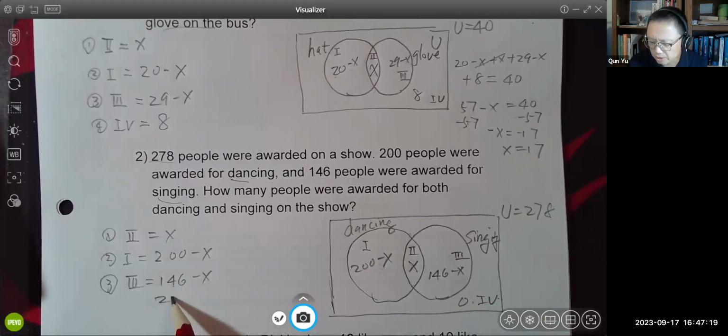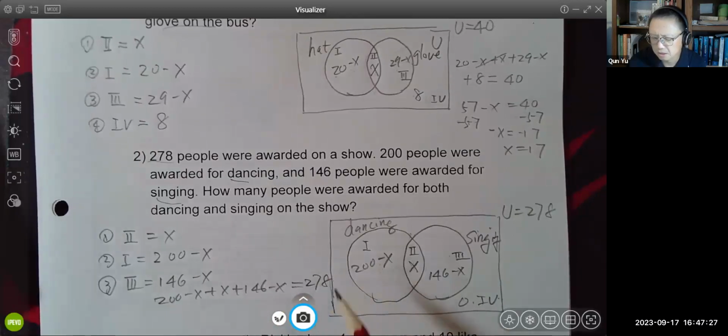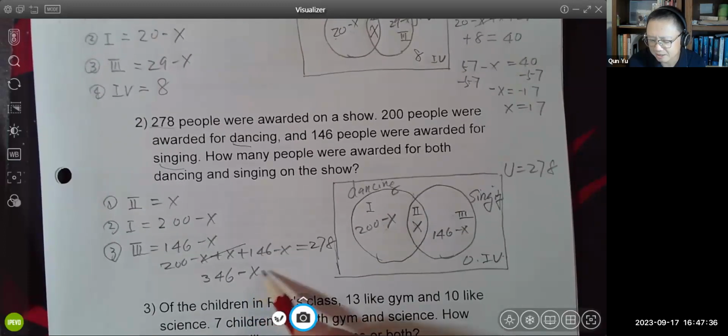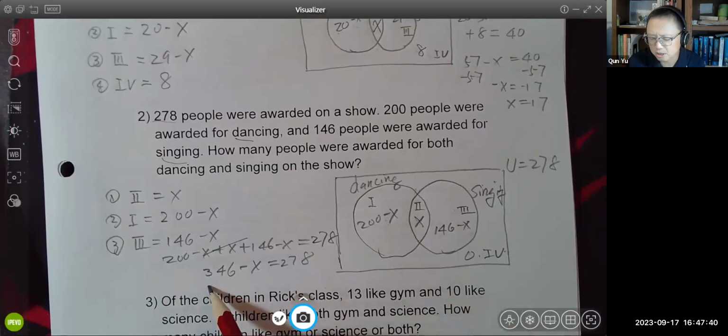And 200 minus X plus 146 minus X equals 278. And this 2 cancelled. We add these 2 together. This is easy. We don't need a calculator, right? So 346 minus X equals 278. Now we minus 346 on both sides.